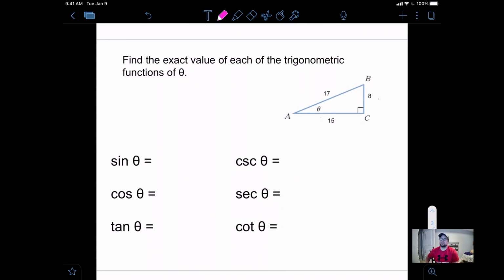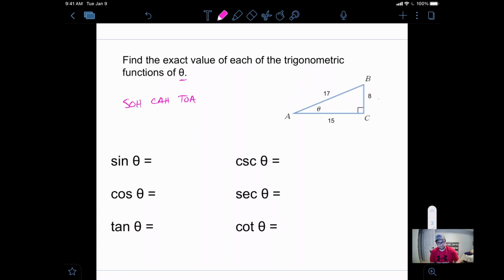In this situation, we are being asked to find the exact values of the trigonometric functions of theta. What that means is we're being asked to find sine, cosine, tangent, cosecant, secant, and cotangent. Again, SOHCAHTOA is our best friend here, because that helps us remember those relationships.